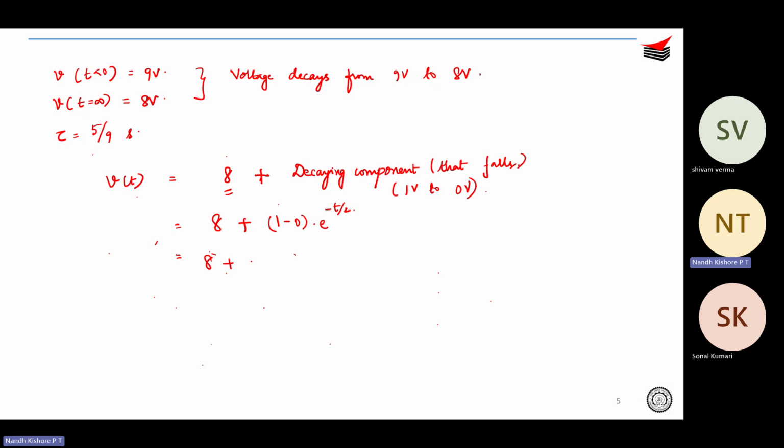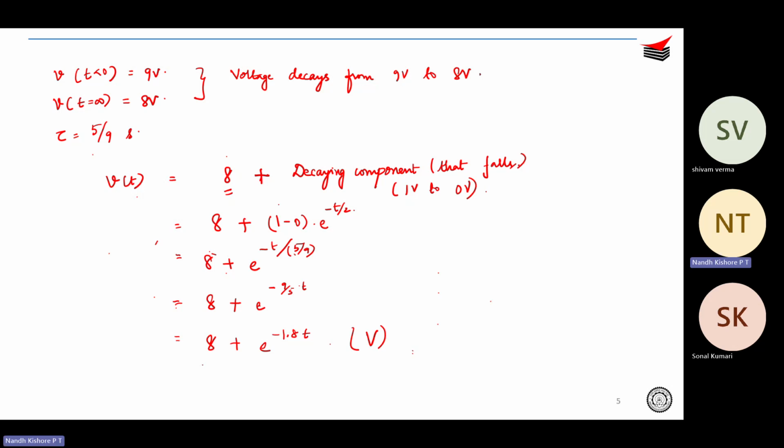Tau is 5 by 9, so minus t by 5 by 9 gives you 8 plus e power minus 9 by 5 t. 9 by 5 is 1.8, which means 8 plus e power minus 1.8 t volts. This is your V of t.